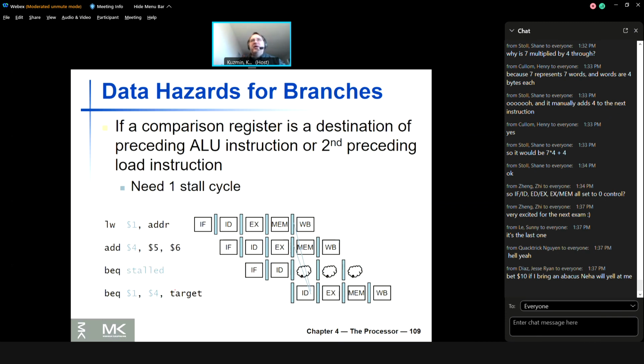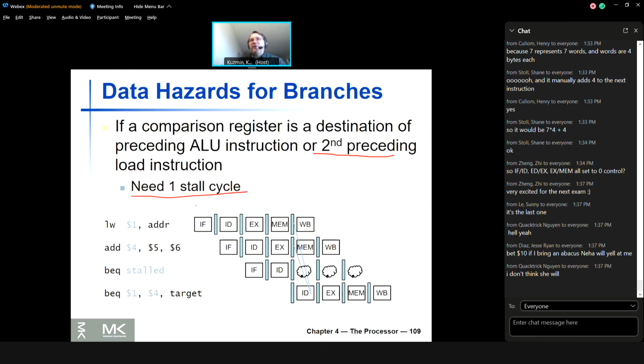Okay, so here is an example, right? If a comparison register, on the other hand, is a destination of the preceding ALU instruction or second preceding load instruction, we need to stall. We cannot resolve it by forwarding.